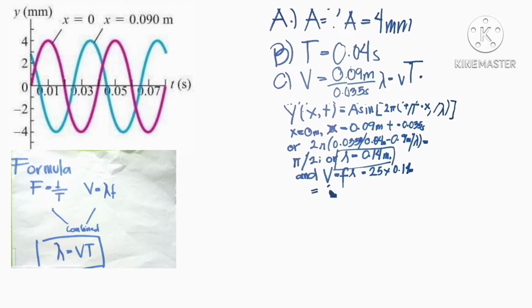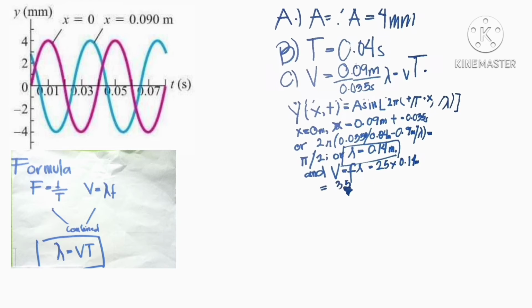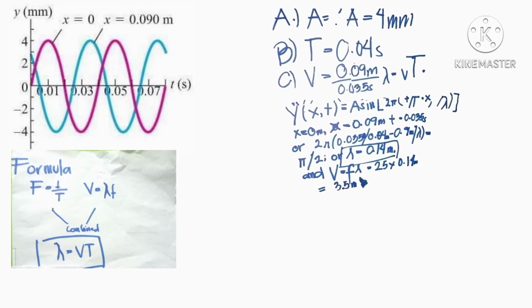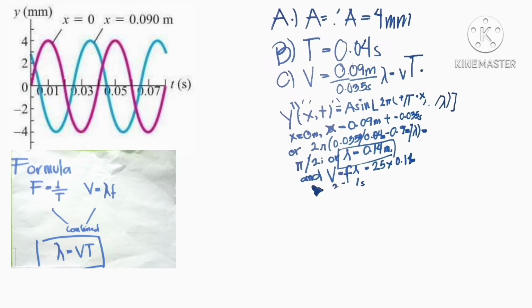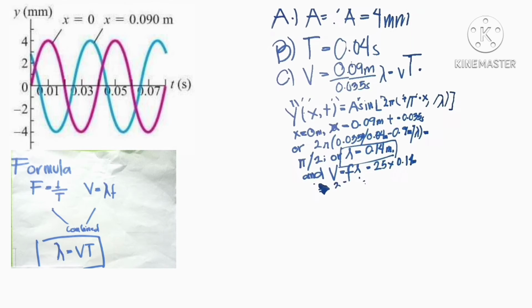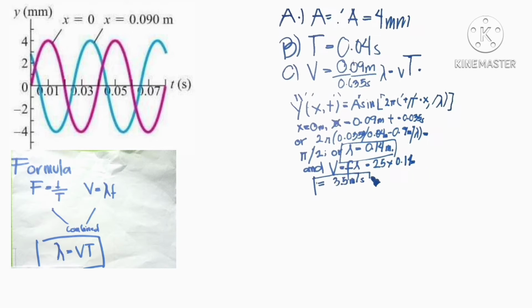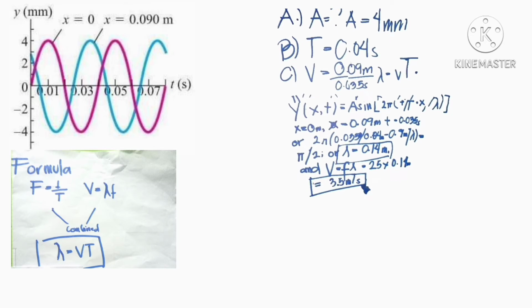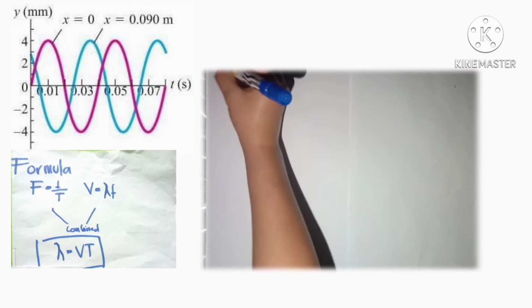It is equal to 3.5 meters per second. So this is our answer for letter C.